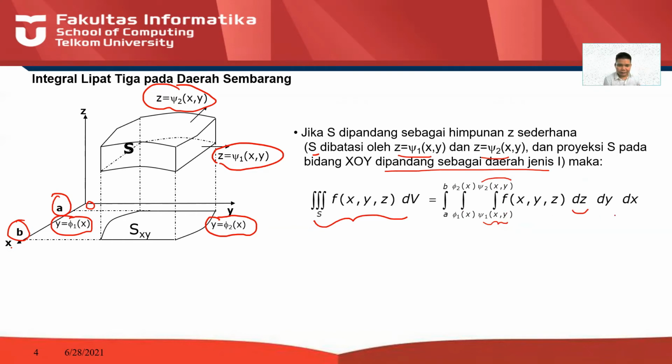And then we follow with the integration with respect to y, because the boundary of y depends on the x, phi 1 and phi 2, and the final one, which has the fixed boundary, is x in this case.